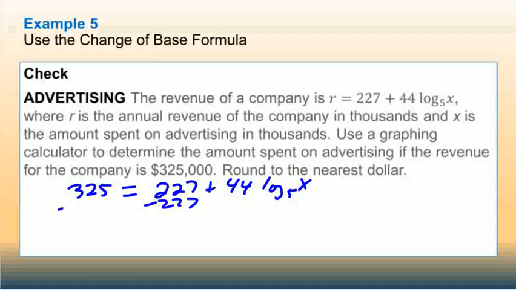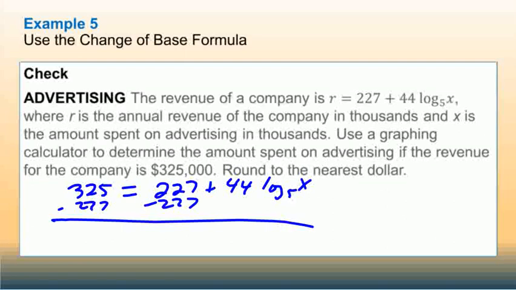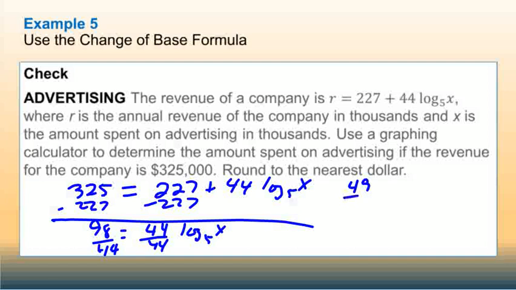I'm going to subtract 227. So 325 minus 227 gives us 98 equals 44 log base 5 of x. If I divide by 44, 98 divided by 44 gives us a fraction, we'll just do 49/22. So 49 over 22 equals log base 5 of x, which I can write as log of x over log of 5.